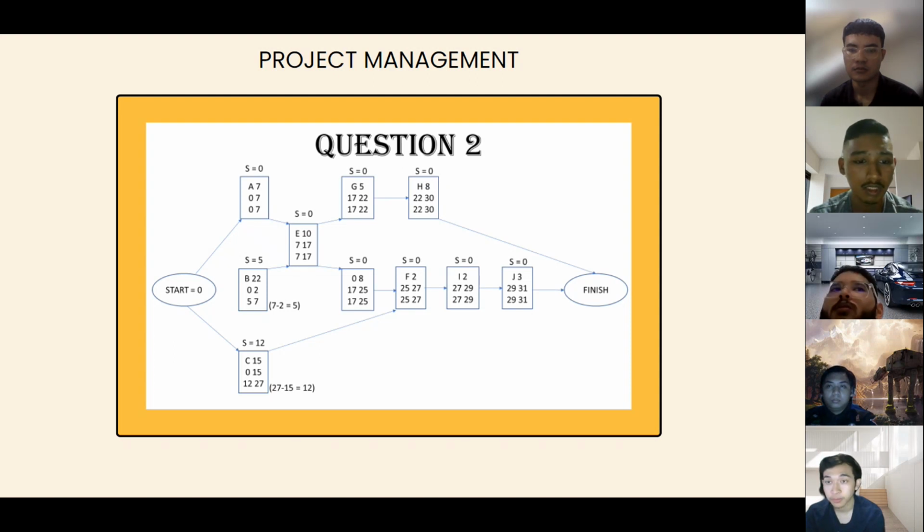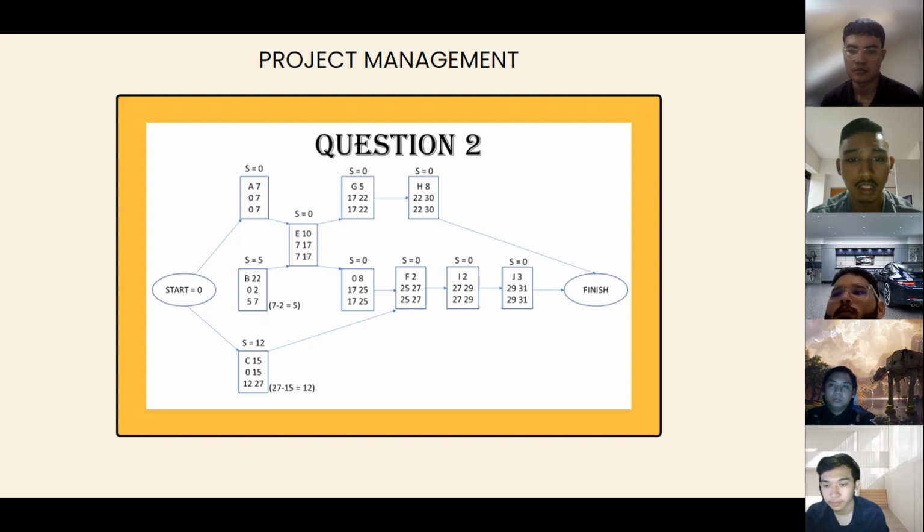And from C box, 15 plus 12, and 15 plus 2 gets 27, and go through the same process with the second box B to the finish.